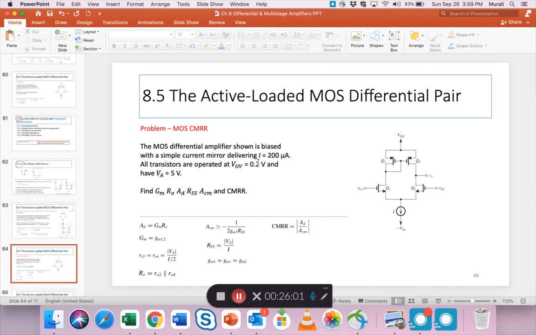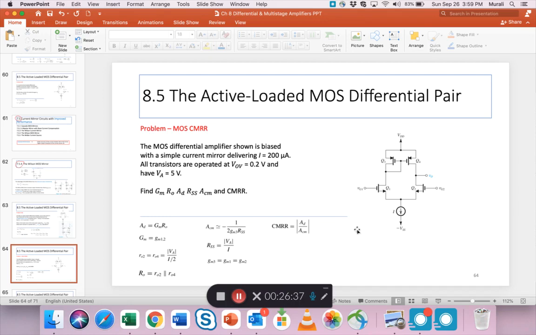Okay. So again, current I is 200 micro. For all transistors, the VOV is given. That makes it easy because finding I becomes easy. Well, I is given. All right, let's see how we proceeded. Then we need GM, RO, AD, RSS, ACM, CMRR.